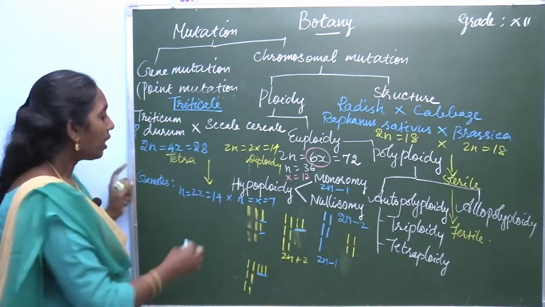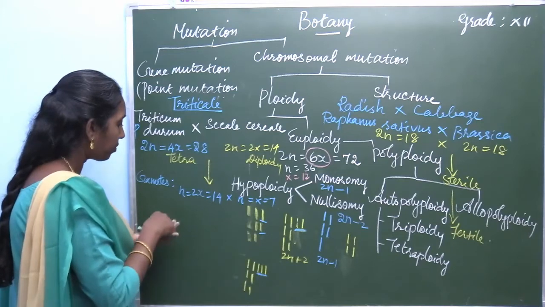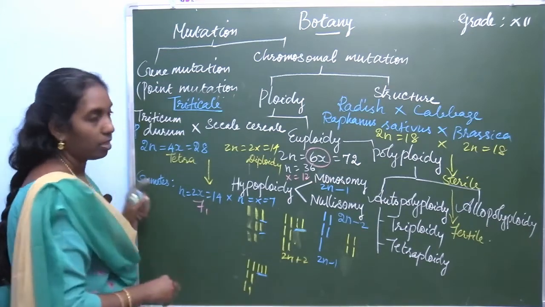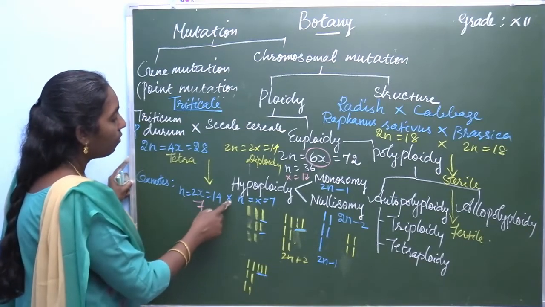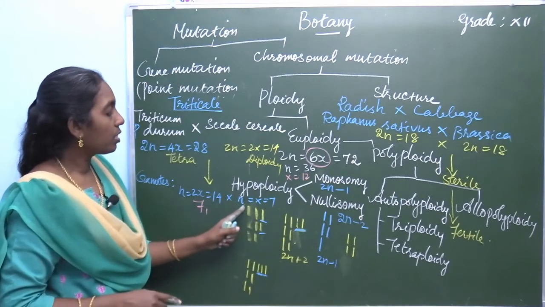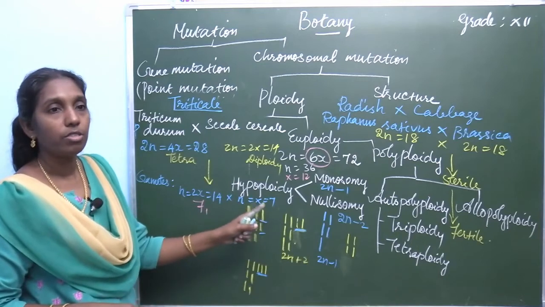So this is the F1 generation. The F1 hybrid is produced from n is equal to 2x is equal to 14 and n is equal to x is equal to 7.